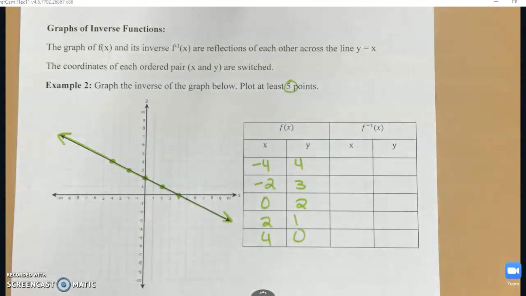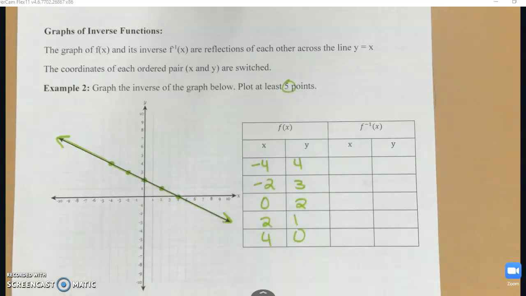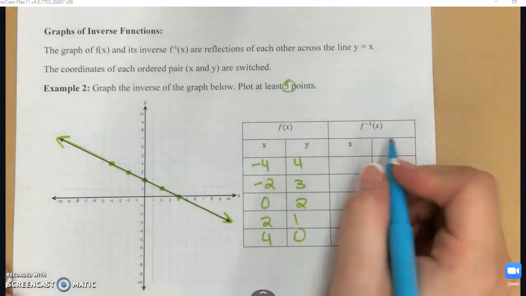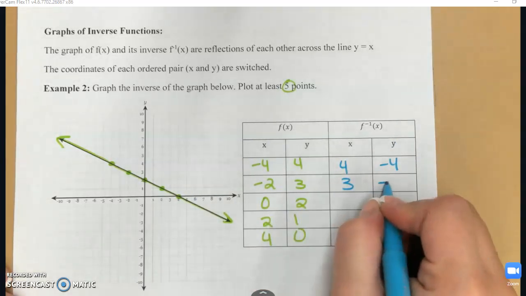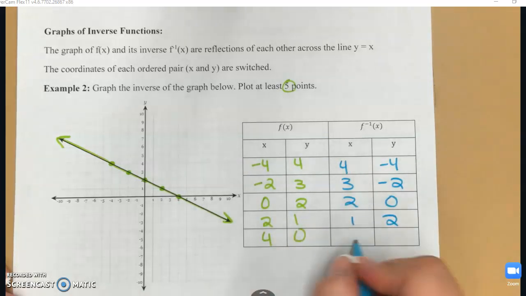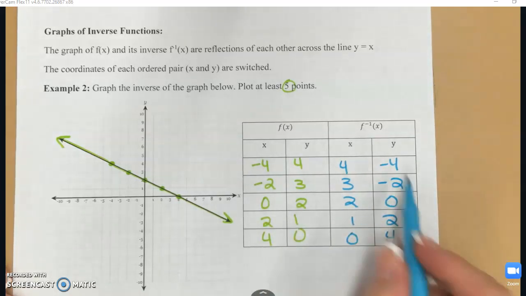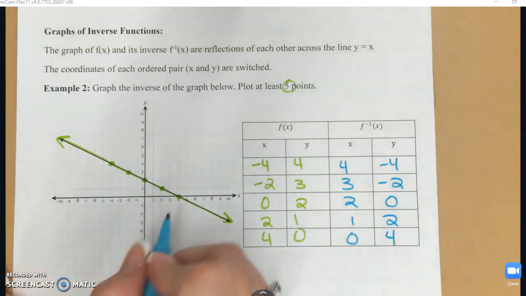So what I'm going to do to graph my inverse is just take each of those ordered pairs and swap the x's and the y's. So this one's going to become 4, negative 4. This one becomes 3, negative 2, 2, 0, 1, 2, and 0, 4. Now I have 5 new points, and I am going to plot each of those.